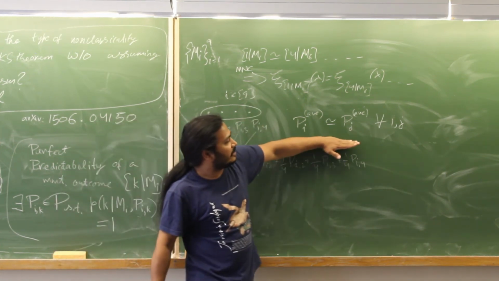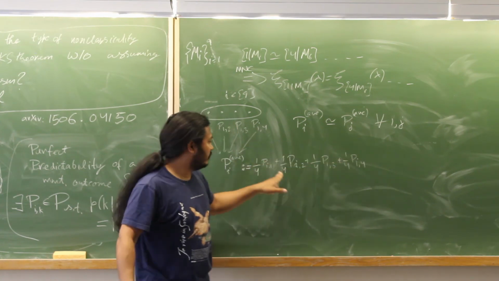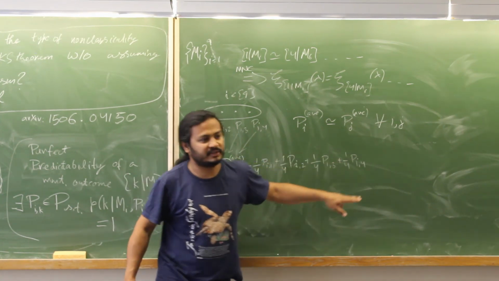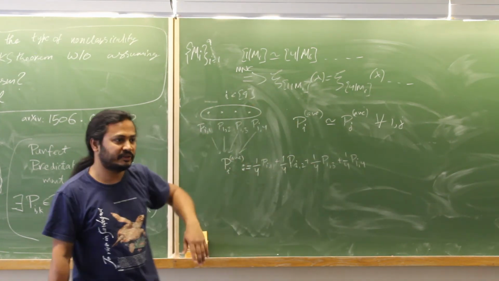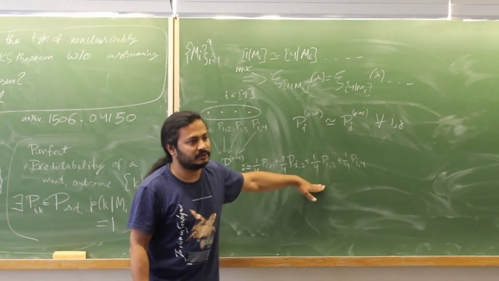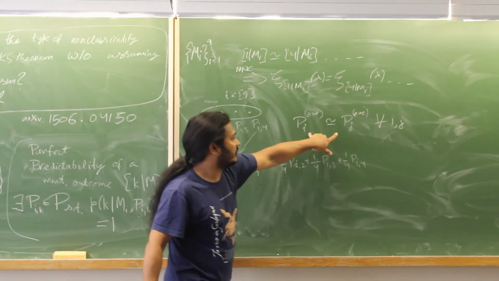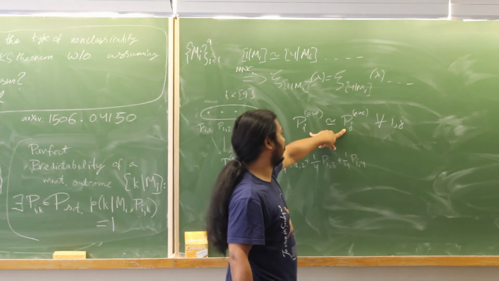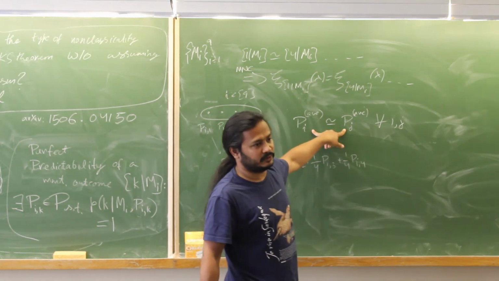So this is claiming that even though these atomic things might be distinct for the different ensembles, when you average them for each ensemble, you get a preparation which is operationally equivalent for all of them.